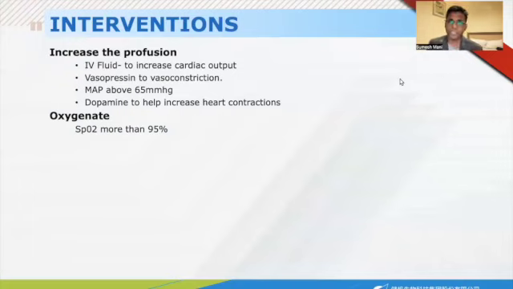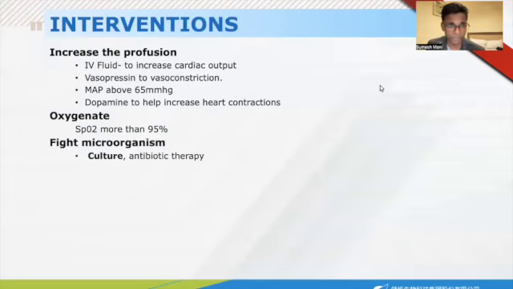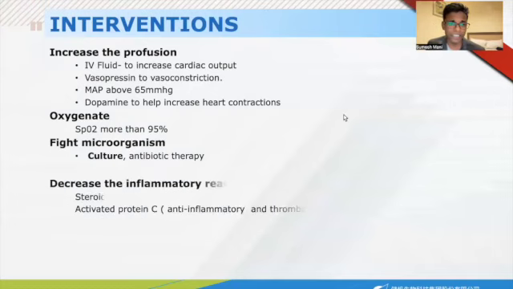Then oxygenate, the patient will be oxygenated, mostly the patient will be intubated and put on a ventilator. Then think about doing the culture. Immediately they have to do the culture and start giving antibiotics.